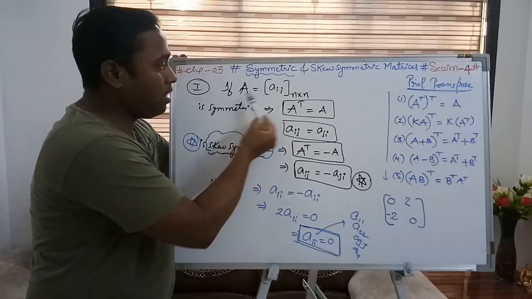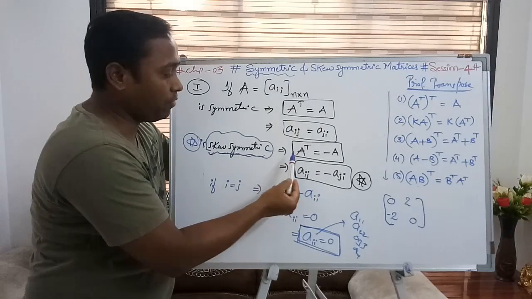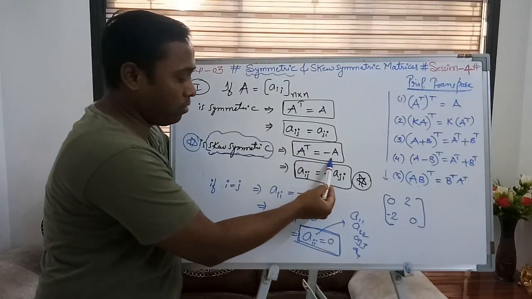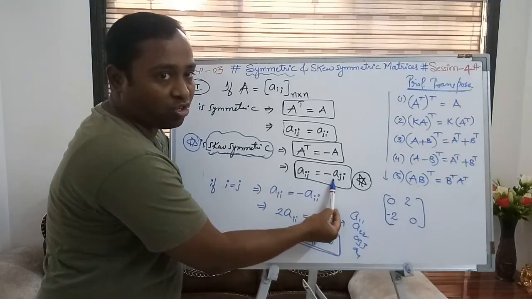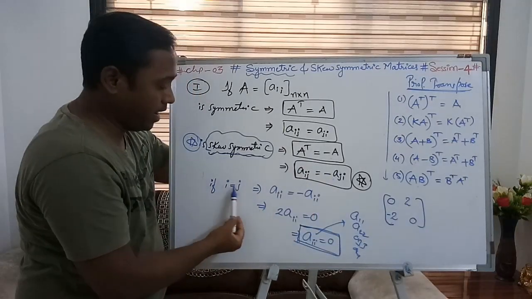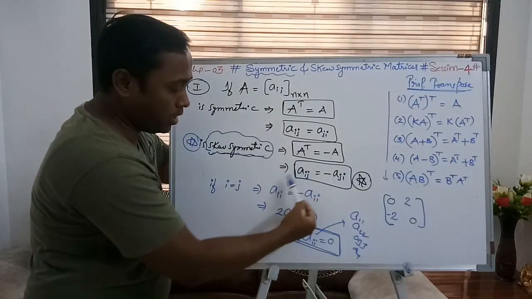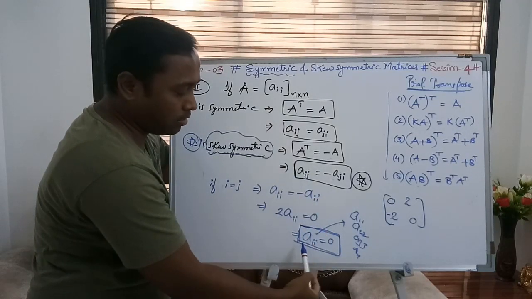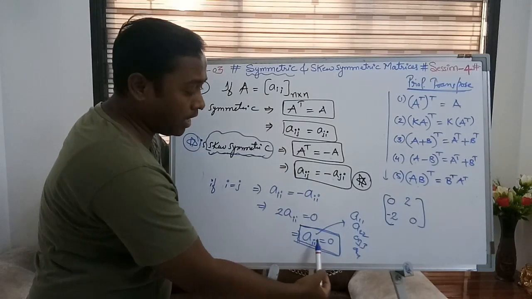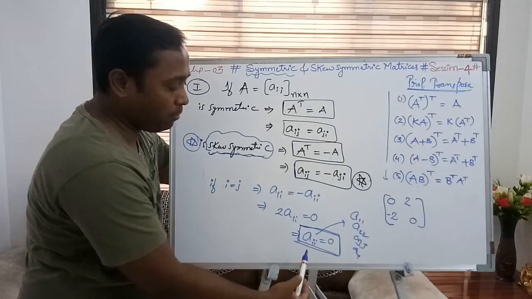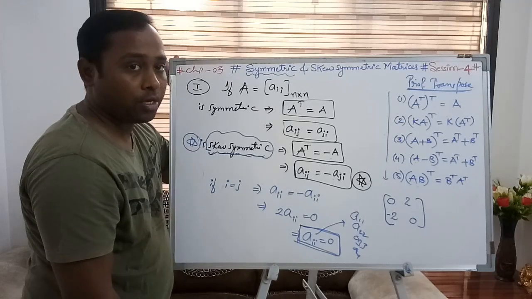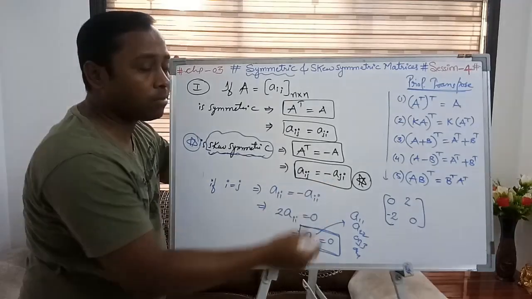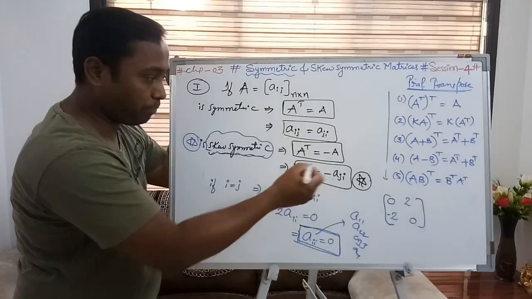If a square matrix is skew symmetric, which implies A transpose is equal to minus A, where Aij is equal to minus Aji. If I take i is equal to j, this condition becomes like this, where by simplifying you will say Aii equal to 0. It means that all diagonal elements are 0. Hence proved. You may also give some suitable example here.